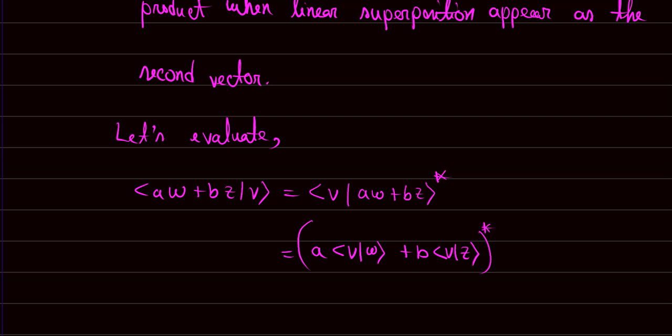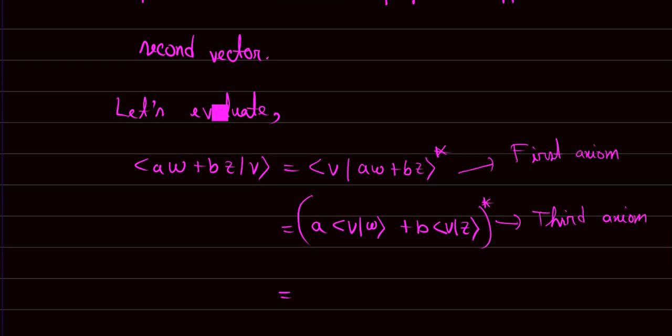This is for our first axiom. So the first line is from the first axiom, and the second one is for the third axiom.